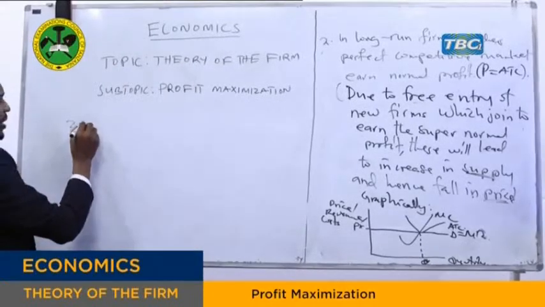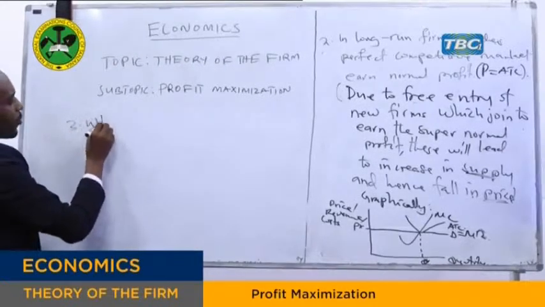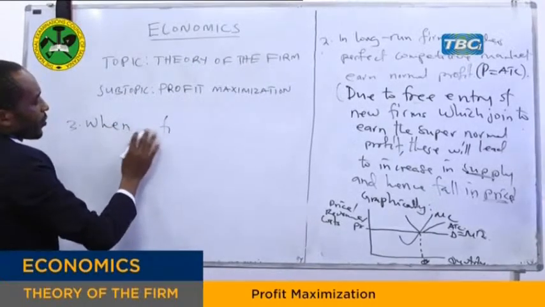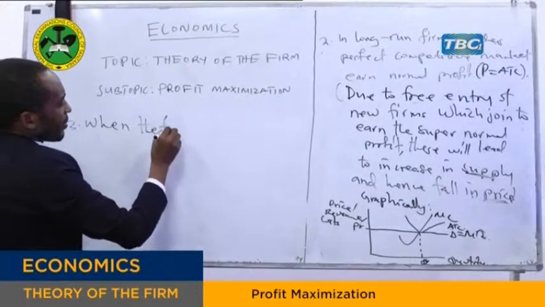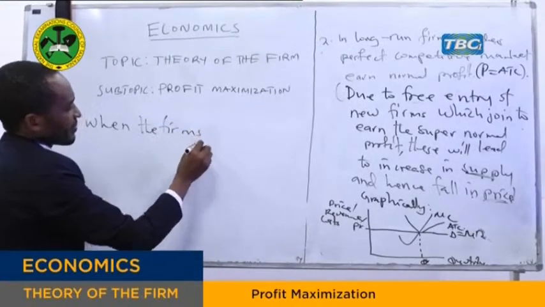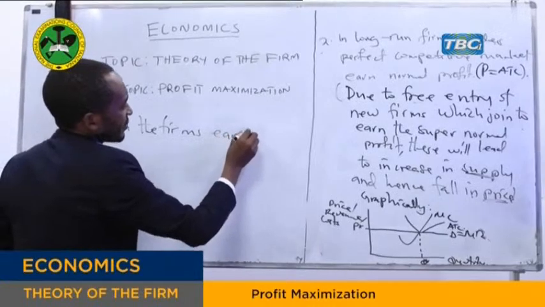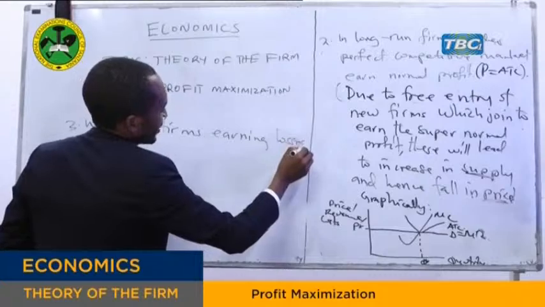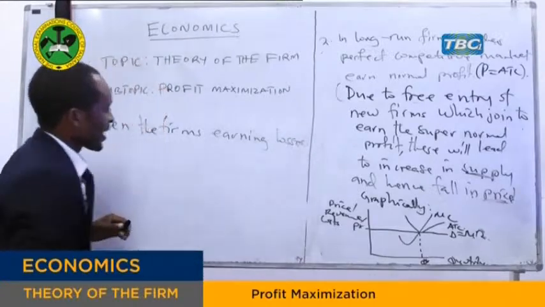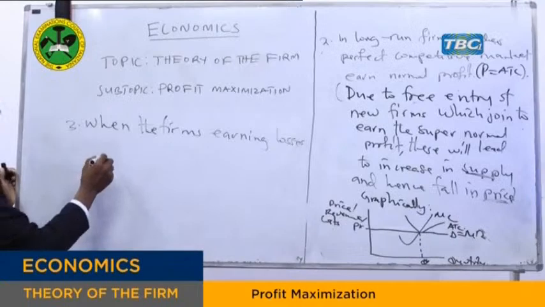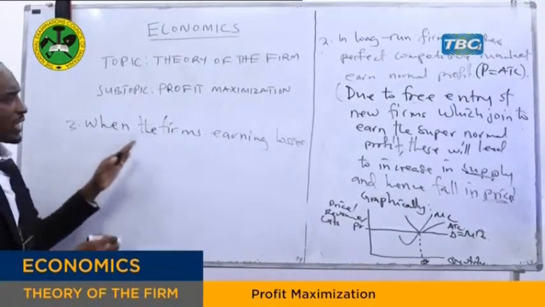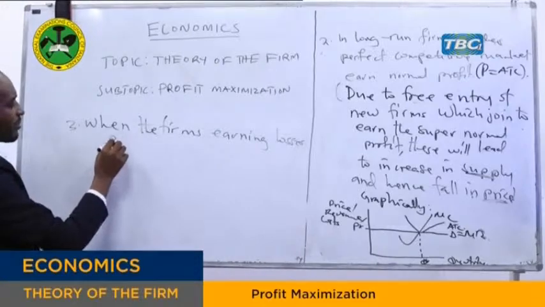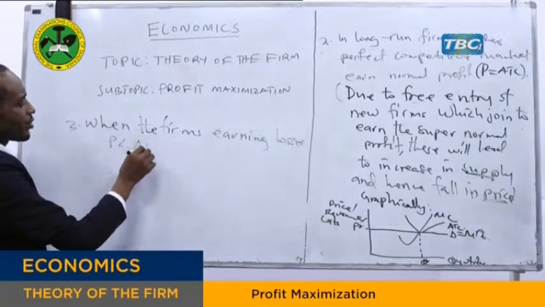So case 3 is when the firms are earning losses. Under this situation, the firm will earn a loss when the price is less than average total cost.